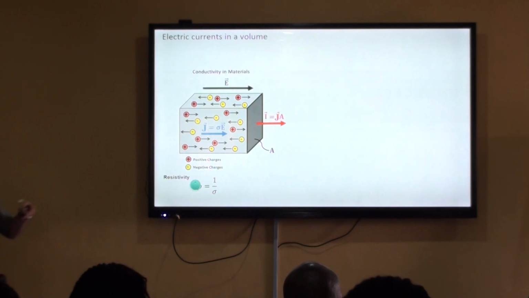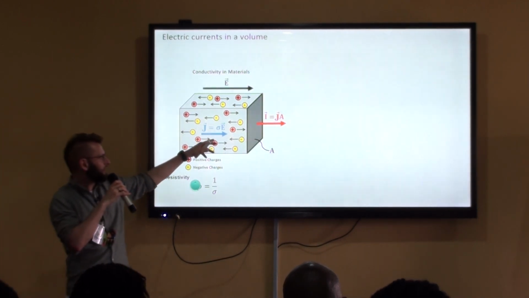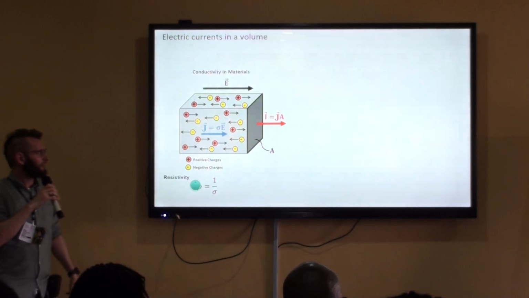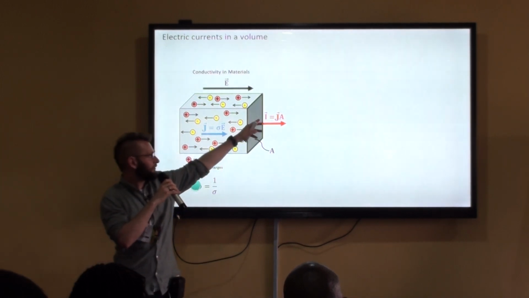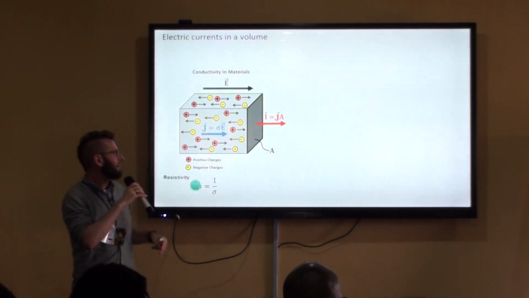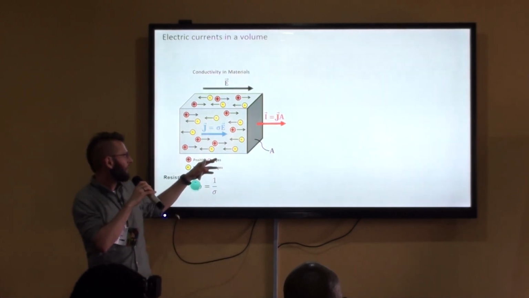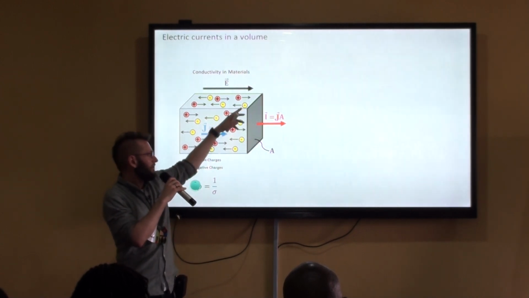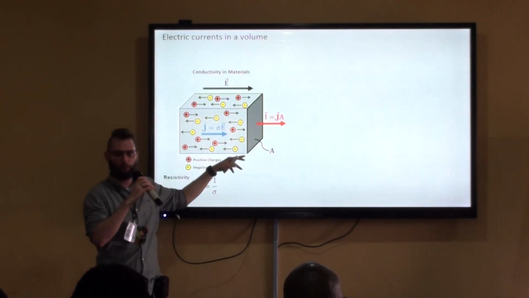The sigma here represents the conductivity, and the E is the electric field. Then the current is represented by I. Here the arrows mean that it has a direction. J is the electric current density in this area of some kind of material.